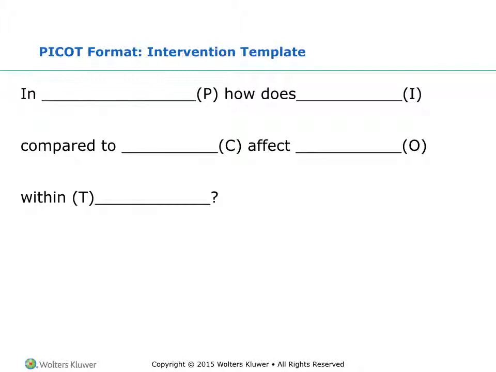In patients with dependent edema, how does TED stockings compared to elevation affect edema within 4 hours? In which case you would then go to the literature and see what you could find on studies that have been done looking at TED stockings for edema and elevation for edema, and comparing and synthesizing the results of those studies to help answer your question.